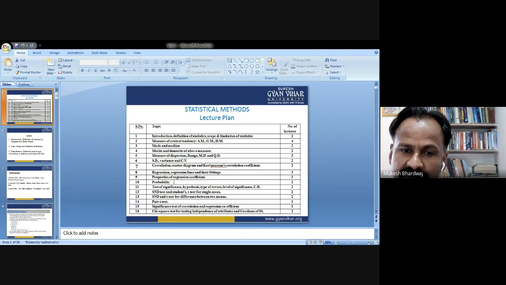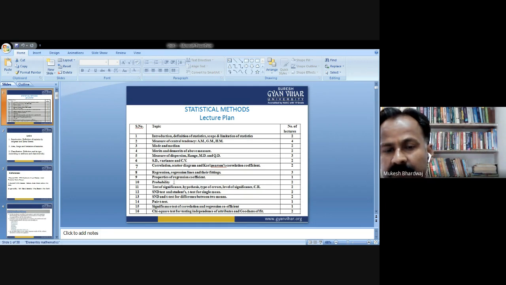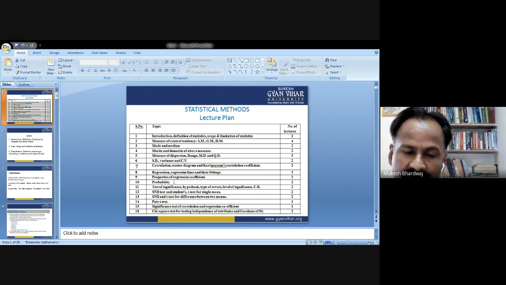So the occurrence of the event is 1. So the probability is calculated as the occurrence of the event divided by the total number of events. So a very simple example of probability is, the chance of getting a head or tail if you toss a coin is 1 by 2, that is 50%.